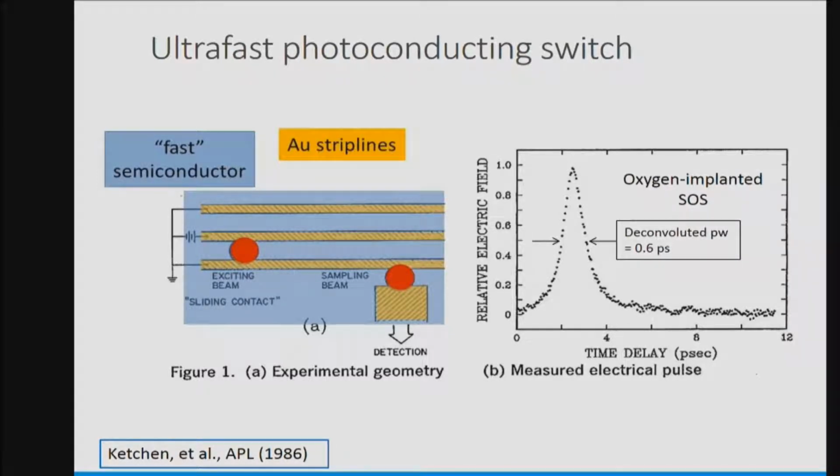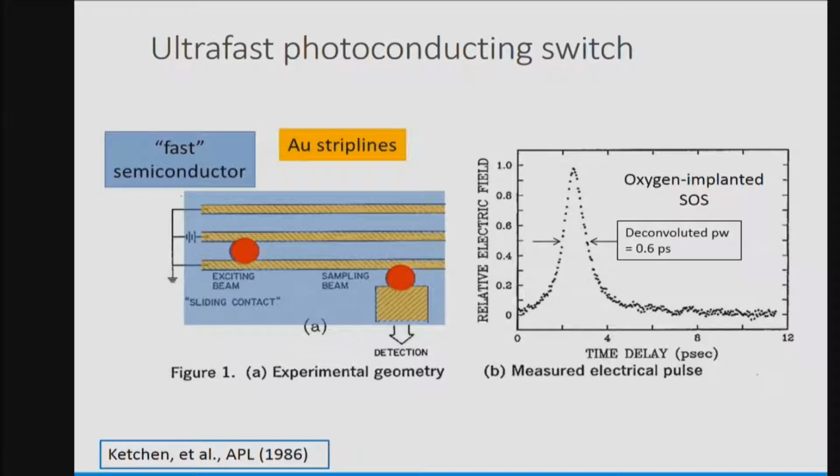The semiconductor is specially treated to have a very short carrier lifetime so that once the current starts, it shuts off very fast because the carriers recombine in a very short period of time. This particular one was using a silicon on sapphire layer that was heavily damaged by oxygen implantation.